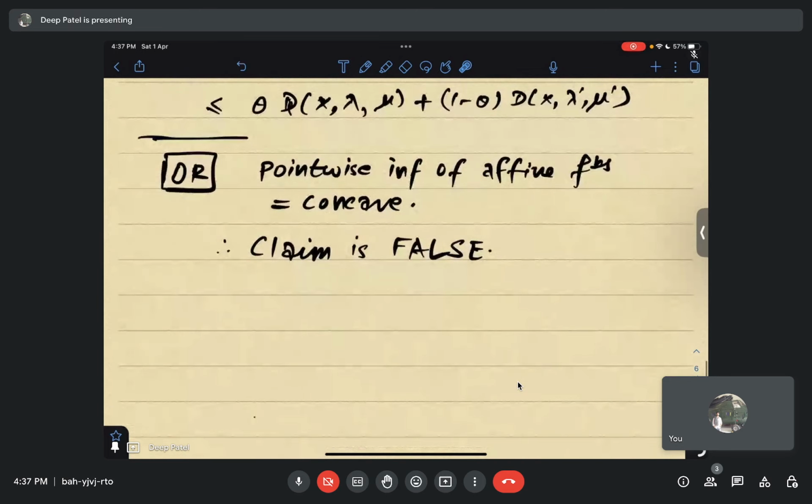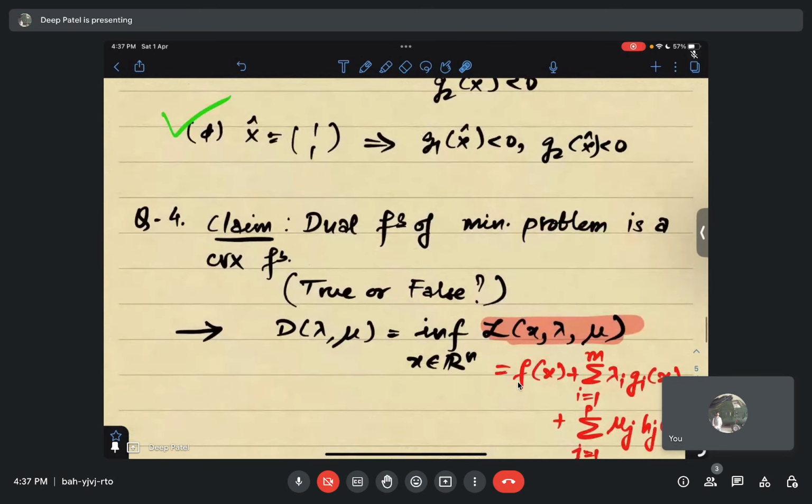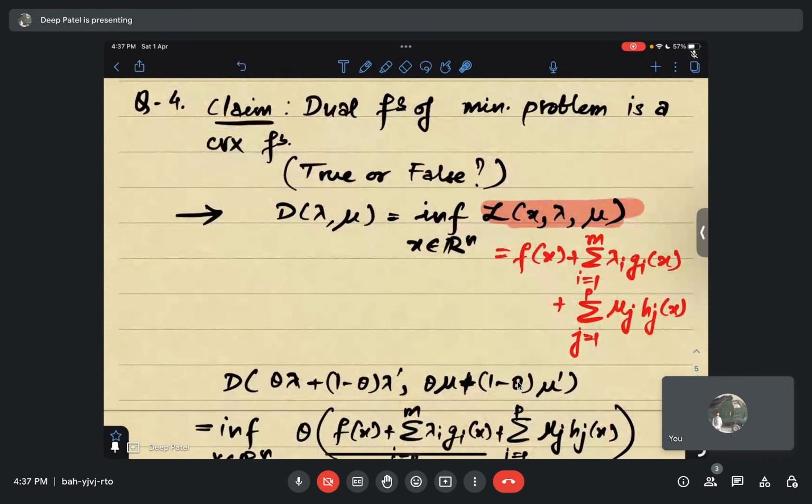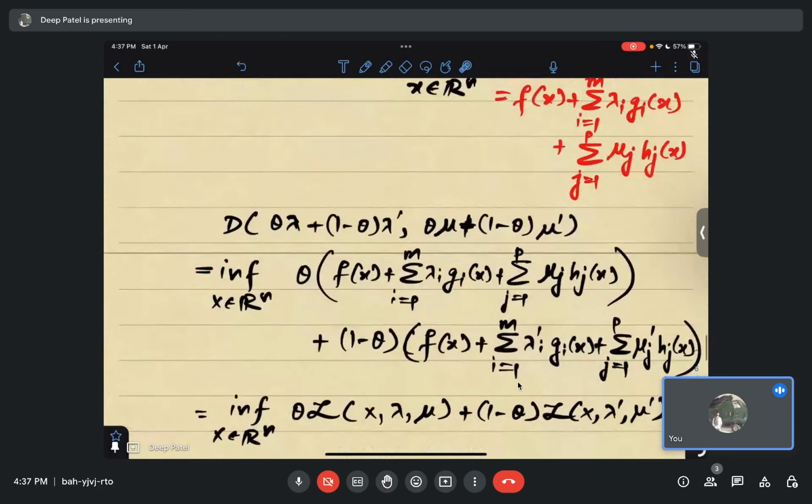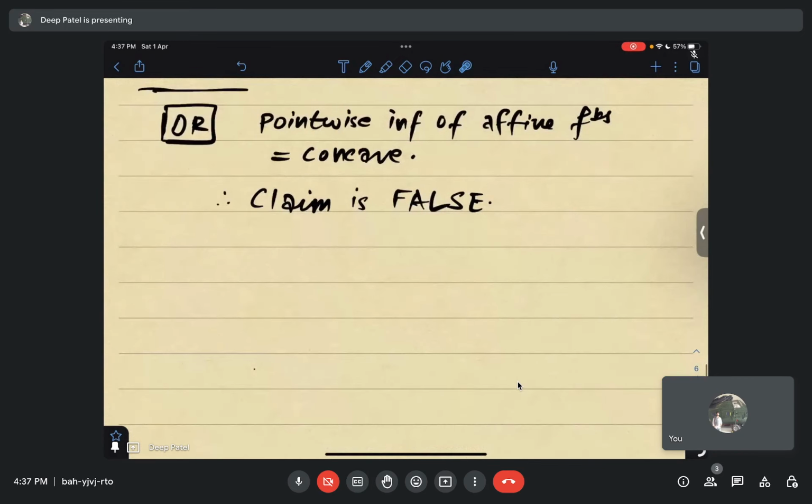But the claim asks whether the dual is a concave function, right? No, it's asking for convexity. I think the Lagrangian dual function is a concave function. That is the claim: state true or false. No, the question asks whether the dual function of a minimization problem is a convex function, so the claim is false because it's a concave function. Oh, I believe you are on question 4 or question 5.